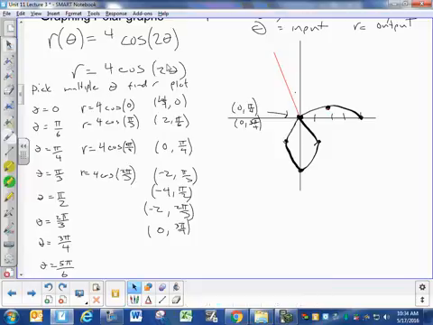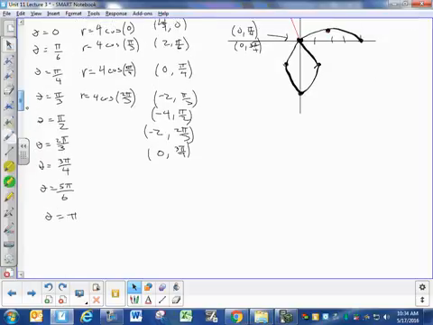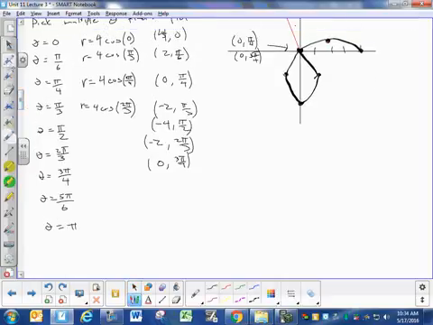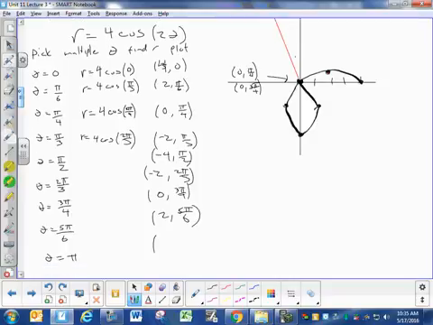Let's do a couple more. Back to 5 pi over 6. That's still in the second quadrant. If I plugged in 5 pi over 6, it'd be 10 pi over 6. It would be the cosine of 5 pi over 3, which is positive a half. Positive a half times 4 would give me a positive 2. And then let's stop at pi. The cosine of 2 pi is all I'm doing.